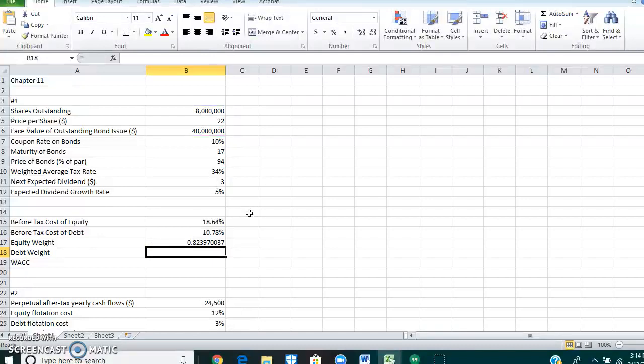Let's see what we've got. Okay, our equity weight is about 0.82.